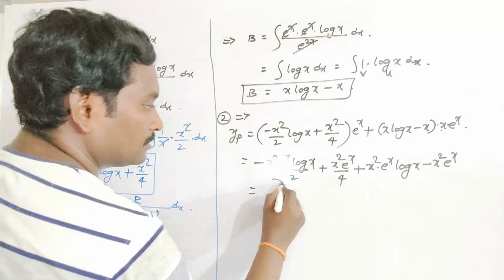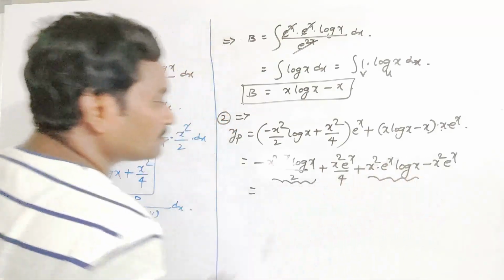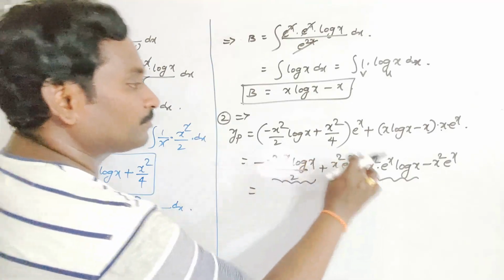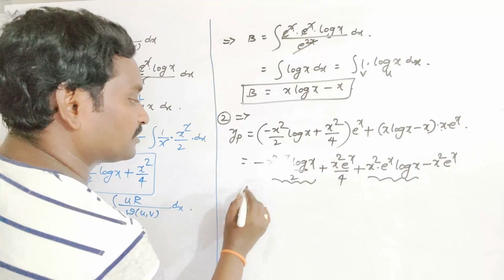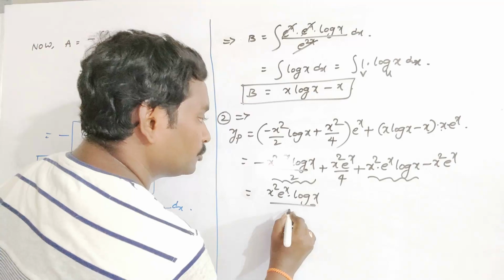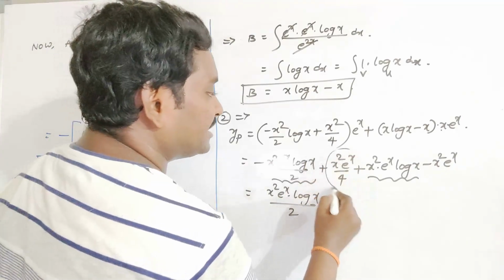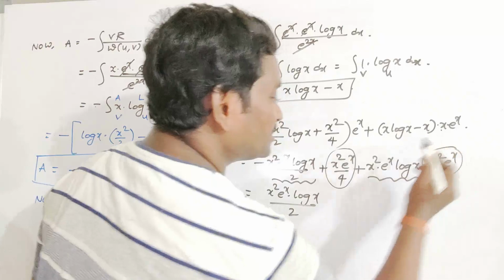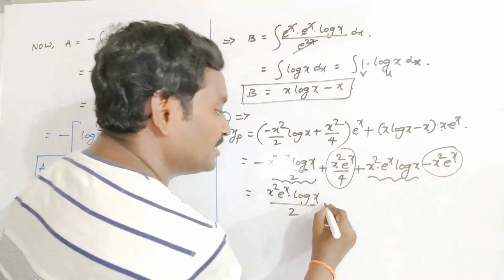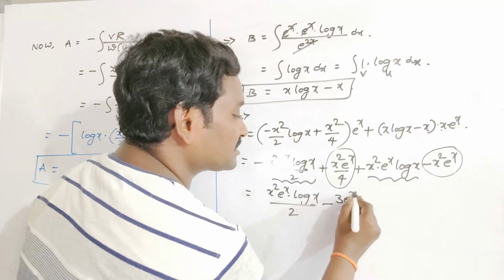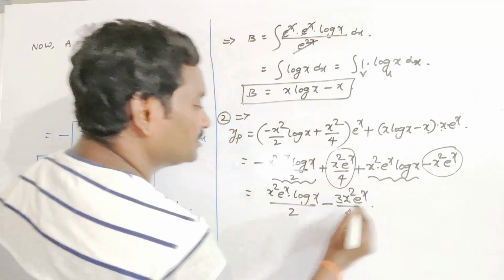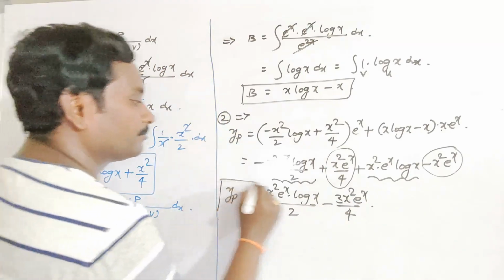By taking the LCM for these two terms, 2 is the LCM, so you will get minus 1 plus 2, it would be plus 1, so x square e power x log x whole by 2 only. And by taking the LCM of this term and the last term, 4 is the LCM, so x square e power x minus 4 x square e power x, so you will get minus 3 x square e power x by 4. This is the simplest form of yp.